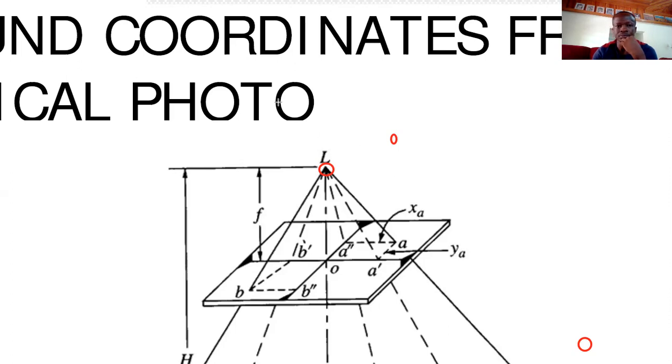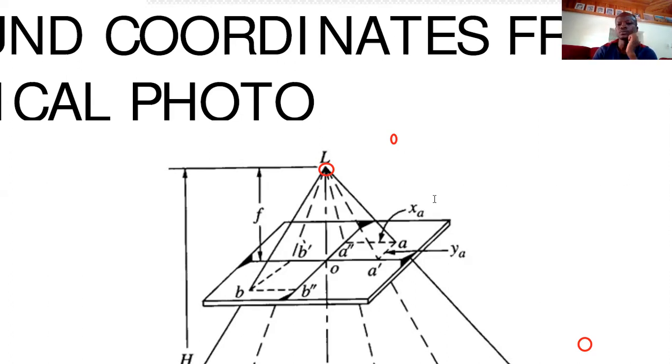So you don't write XA, that's wrong, that's ground coordinates. You actually write S subscript A, but I can't write S subscript A using this tool that I'm using to show you right now.